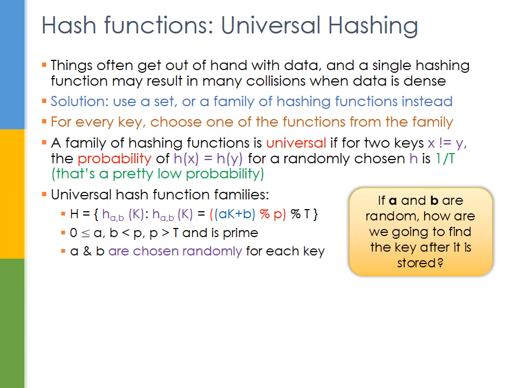And now if we have these two unknowns, a and b, how exactly am I going to figure it out again? Okay, I placed it once by randomly generating a and b, but if I want to generate the same index again, how do I make sure I generate the same a and b? If a and b are truly random numbers, am I not shooting myself in the foot right now?